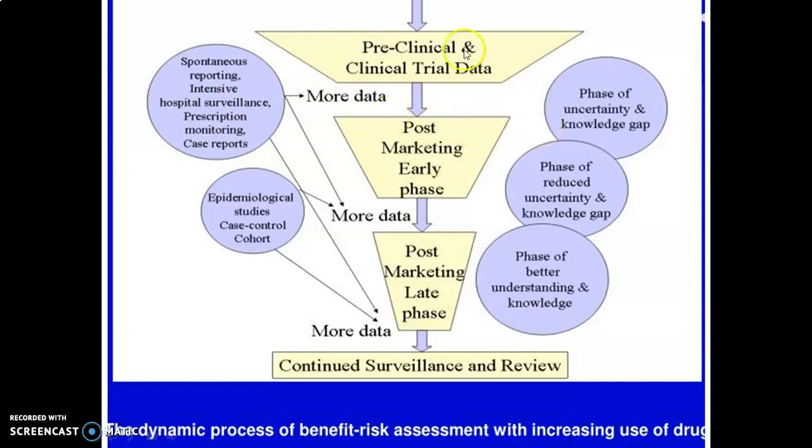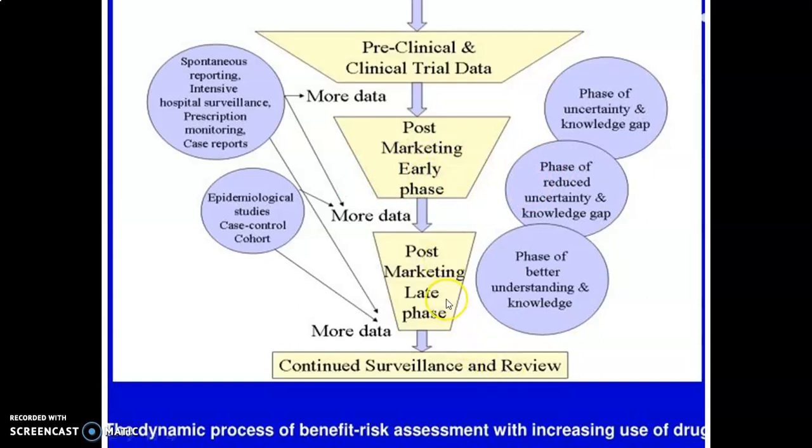Coming to each phase, passing from preclinical to post-marketing, a phase of uncertainty and knowledge gap can be observed. Even in post-marketing early phase, a phase of reduced uncertainty and knowledge gap can be observed, because many people have taken the drug, as it is introduced into a high population.